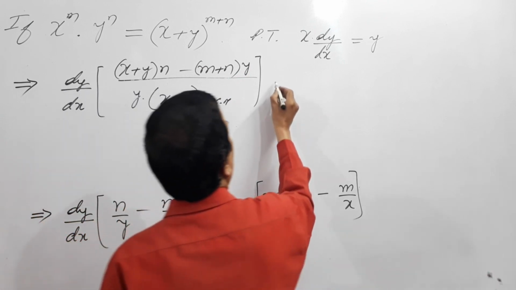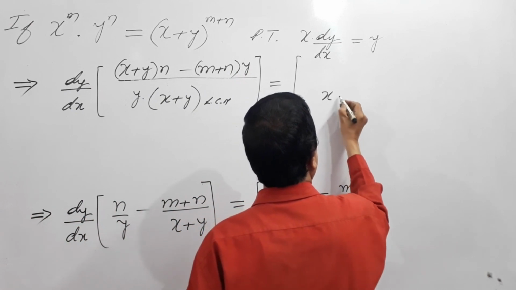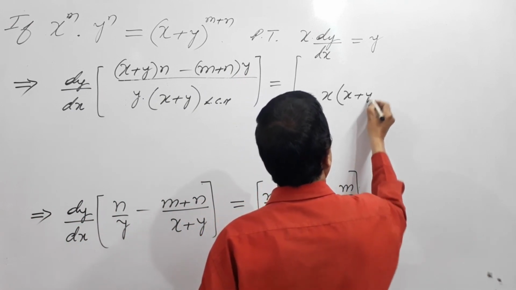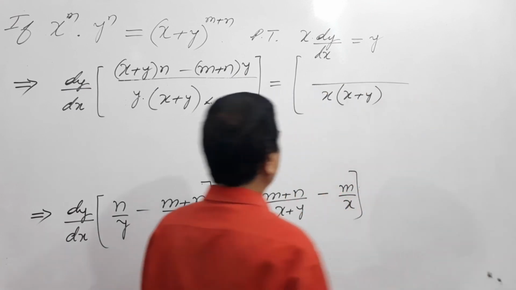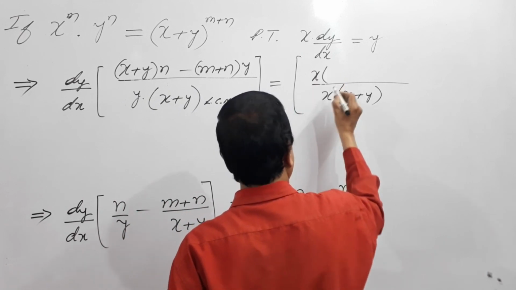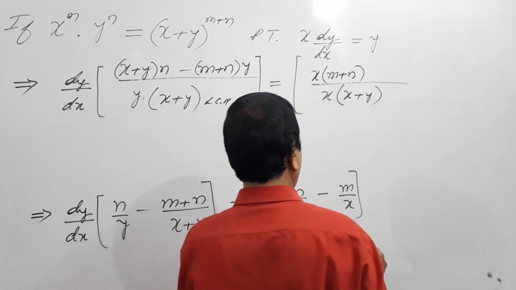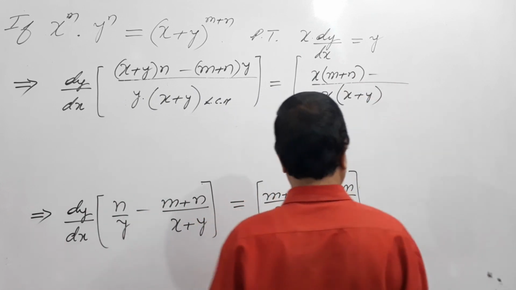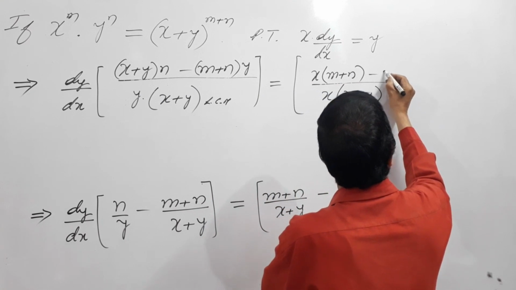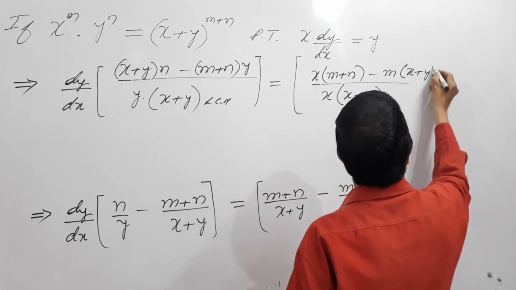So here again LCM is x into x plus y. X plus y goes one time, this becomes x into m plus n minus, this x goes here, this becomes m into x plus y.